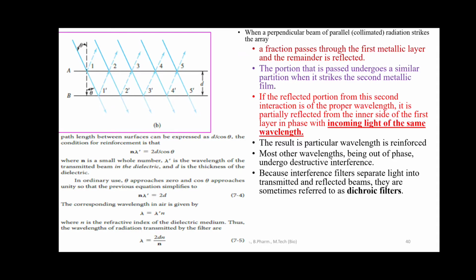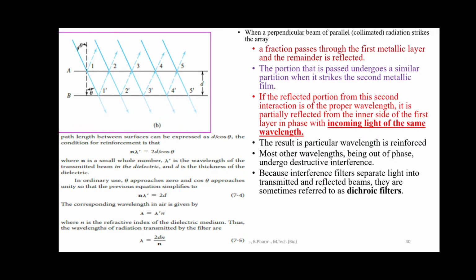Actually 50% of the light rays get reflected and 50% get transmitted. That depends upon the dielectric elements we are using. Okay, understood that the first metallic layer gives reflection and transmission, and the portion passed undergoes a similar partition when it strikes the second metallic film, right?